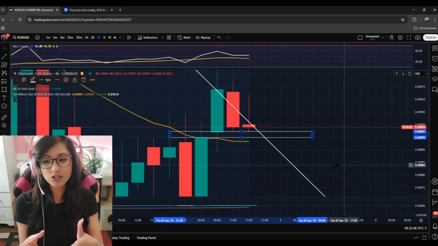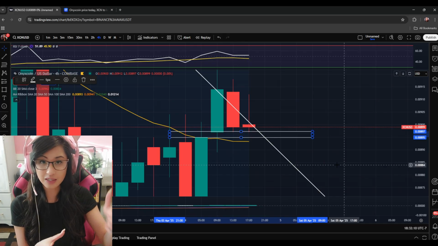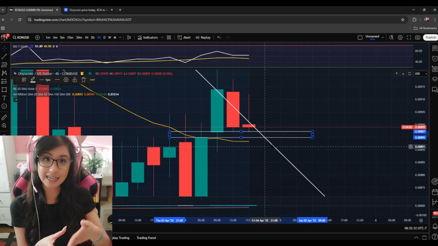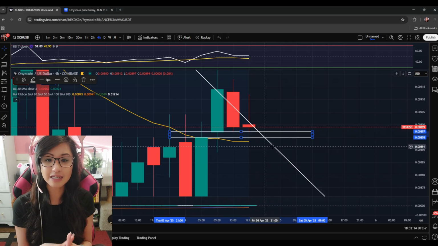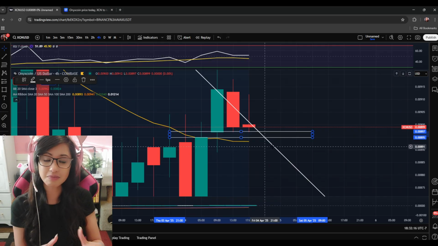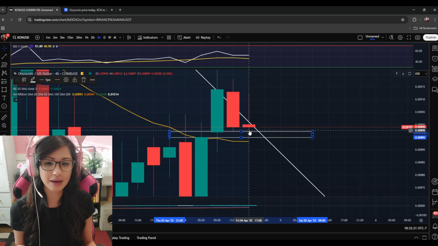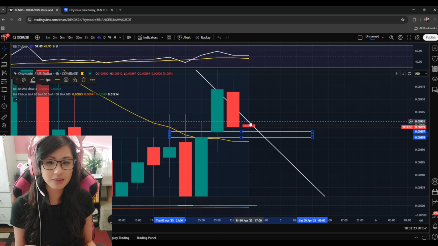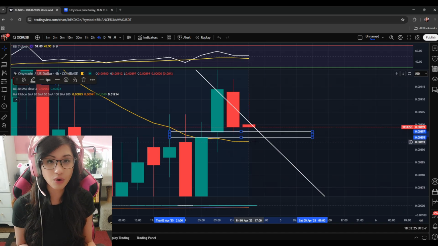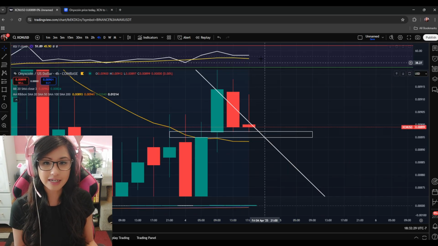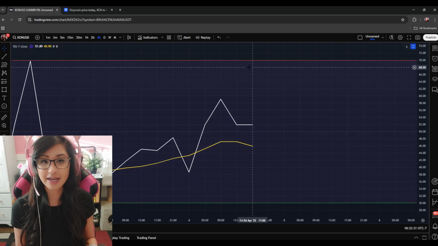Essentially what that means is that in the future the price will gravitate and we'll see a candlestick body fill in this gap. It doesn't mean that it's going to happen immediately. It just means that it's going to happen in the future. So we know that the price is going to come through this area, possibly retesting this area of support from our 20 moving average.